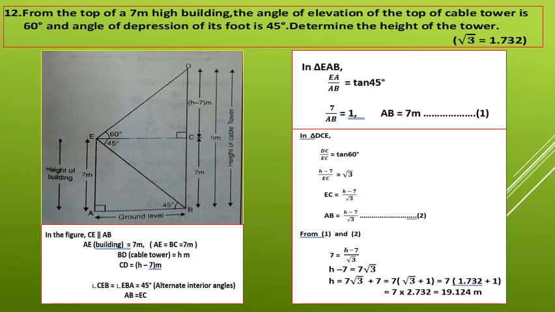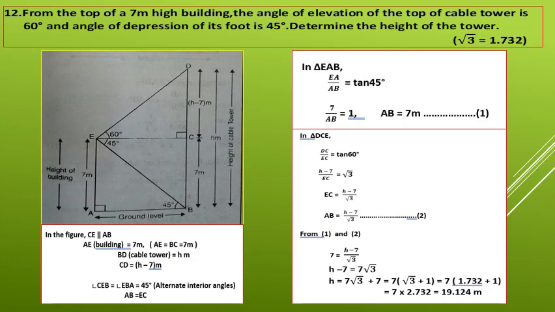Therefore, AB is equal to H minus 7 by root 3. That is equation number 2. Now from equation 1 and 2, AB is equal to AB. Therefore, 7 is equal to H minus 7 divided by root 3. By cross multiplication, we get H minus 7 is equal to 7 root 3.